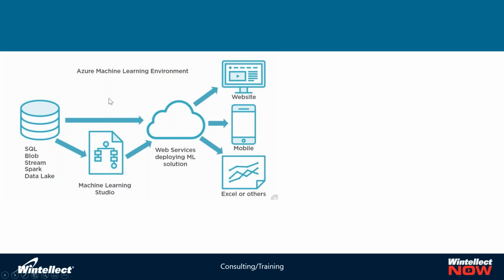Regardless, that's pretty much how it goes, right? You get your machine learning studio being trained with data, and then you get that deployed someplace, web services, containers, whatever it is, and then used or leveraged from any of these running environments.